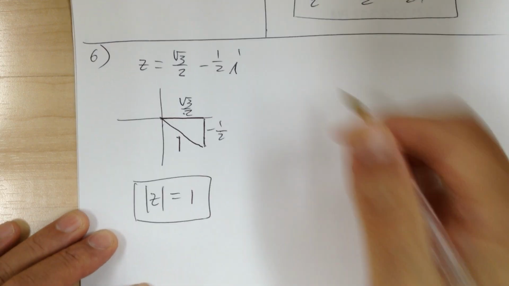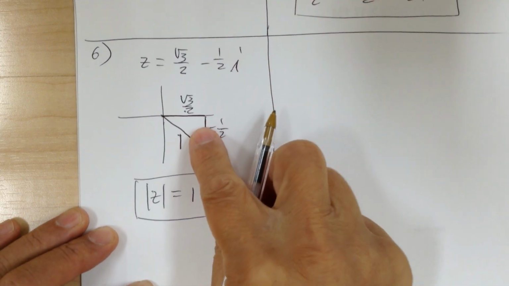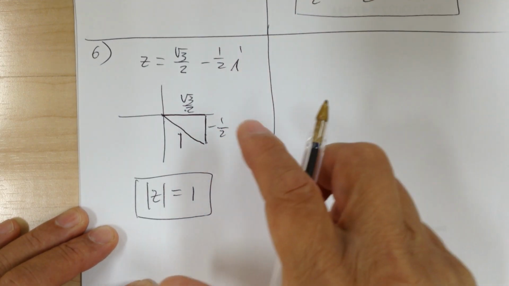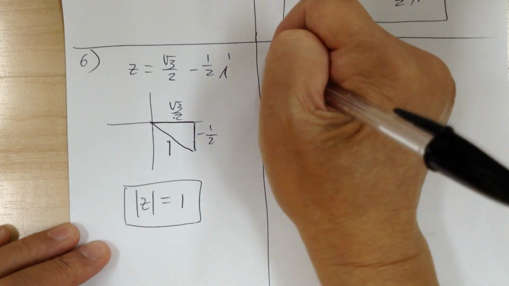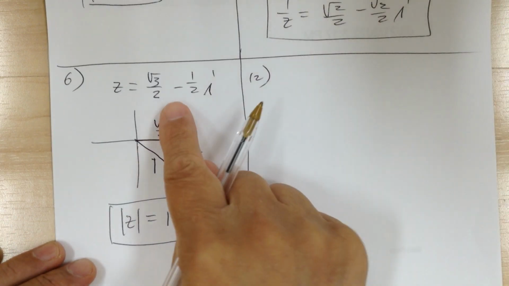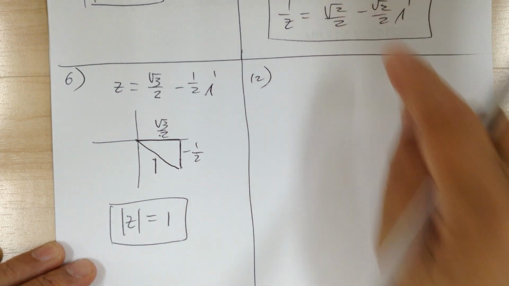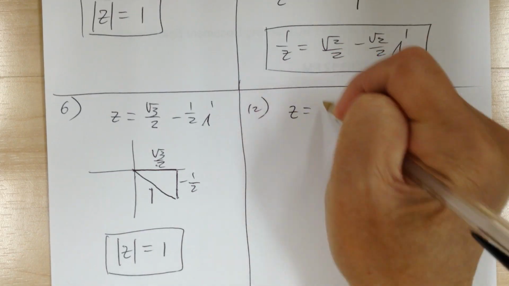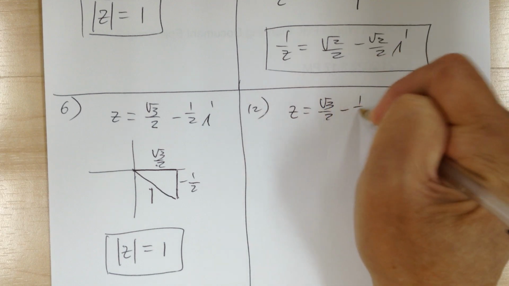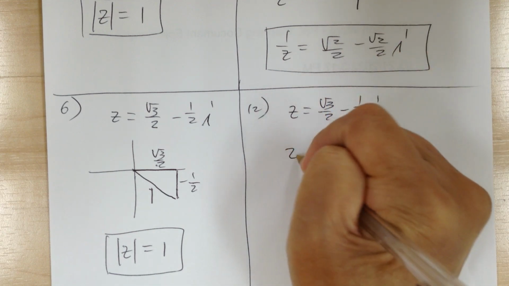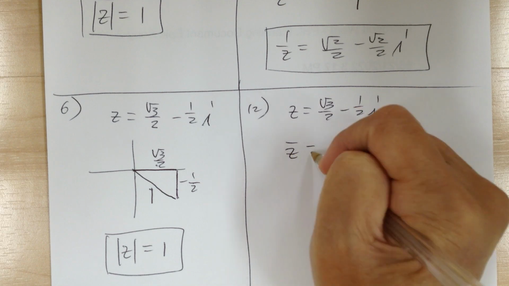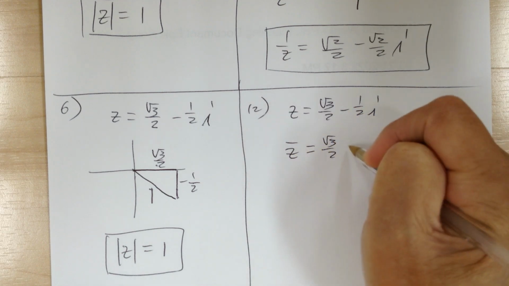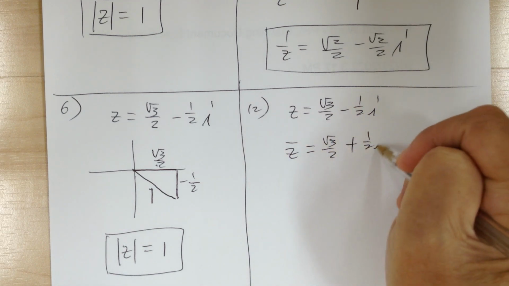Again, if you don't know your special triangle, then you have to do it the long way using the Pythagorean theorem. Again, this is messy, so the formula method is a little bit quicker. So you got z equal to square root of 3 over 2 minus 1/2 i. So the conjugate of z will equal square root of 3 over 2 plus 1/2 i.